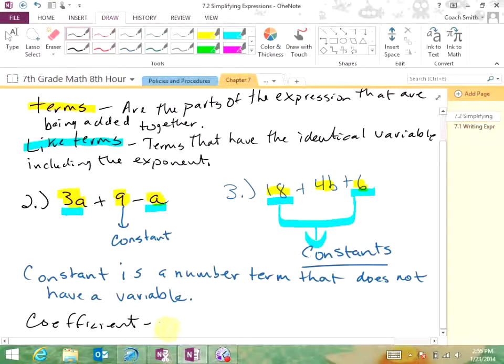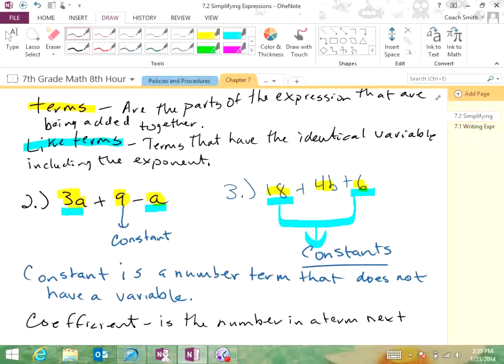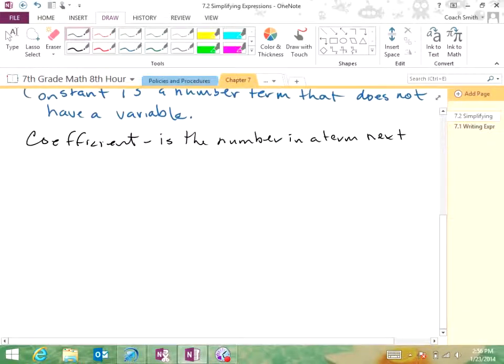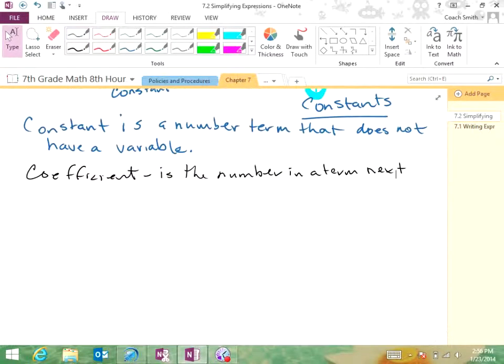Coefficient is the number in a term next to the variable.